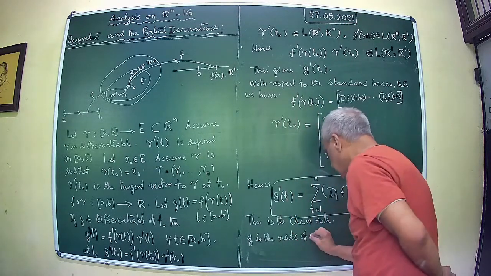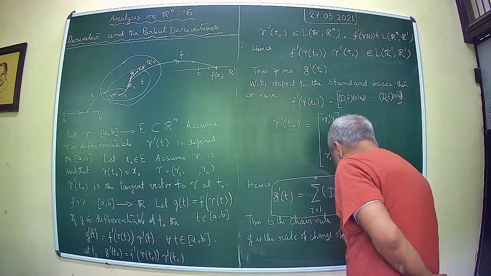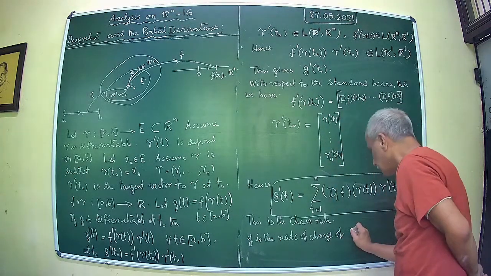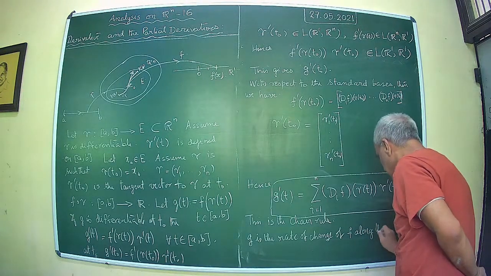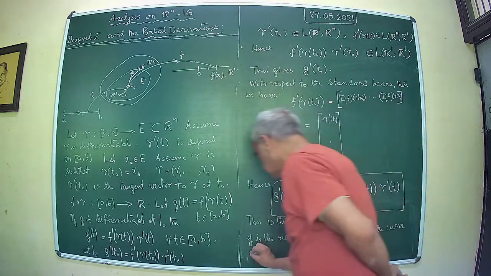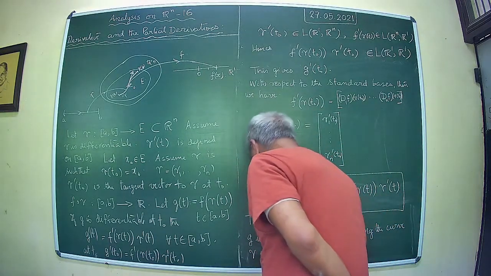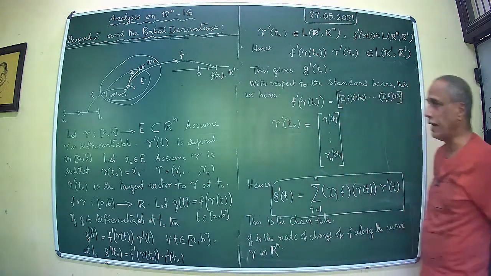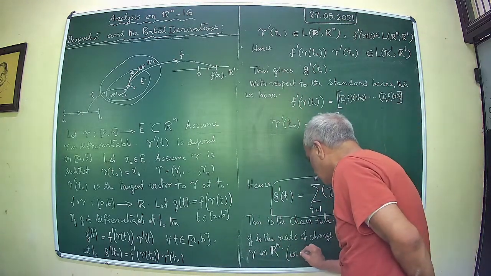Okay, so G is the rate of change of, as an abuse of notation, gamma is the map that we have defined, and we choose to designate.